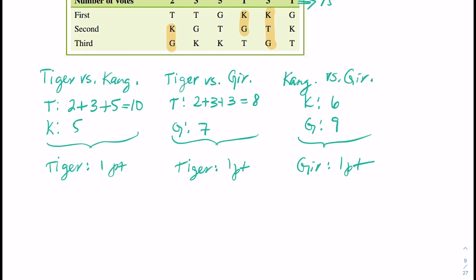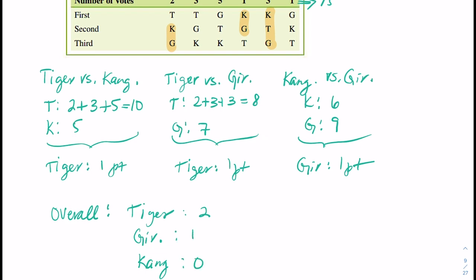So now I go through and figure out how many total points for each of the animals. Overall, we have the tiger, the giraffe, and the kangaroo. The tiger won 1 point plus 1 point, so they got 2 points. The giraffe has 1 point, and the kangaroo didn't get any points.